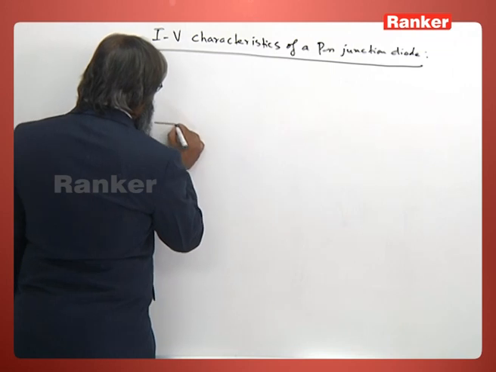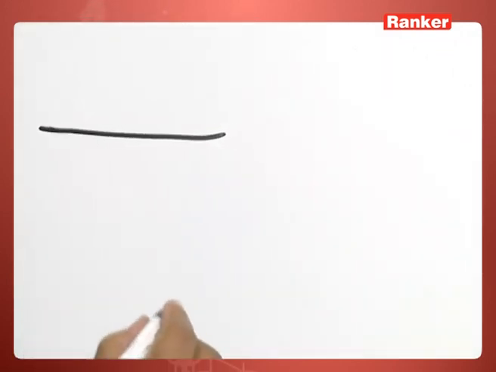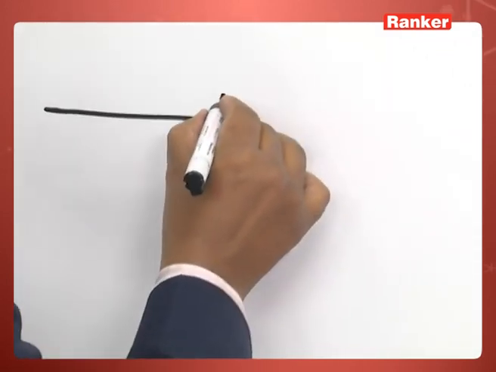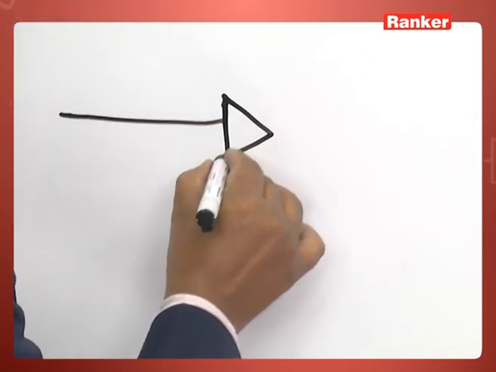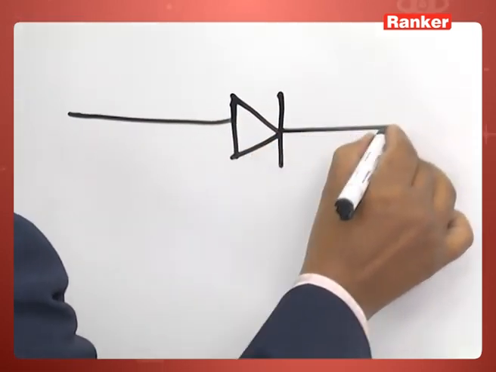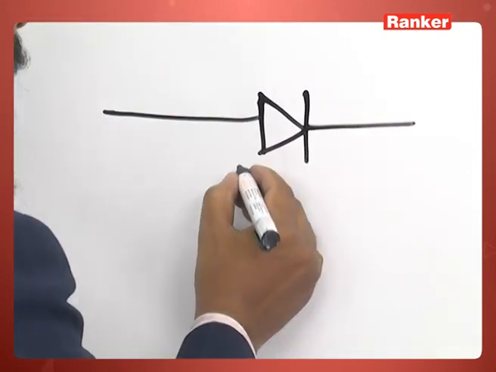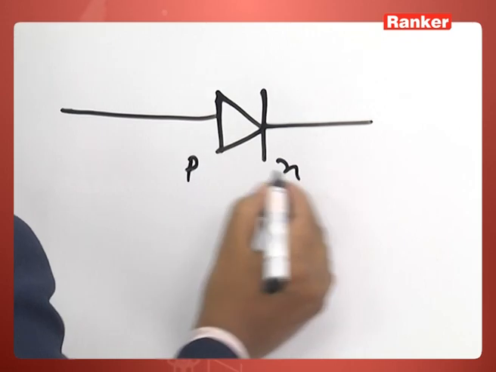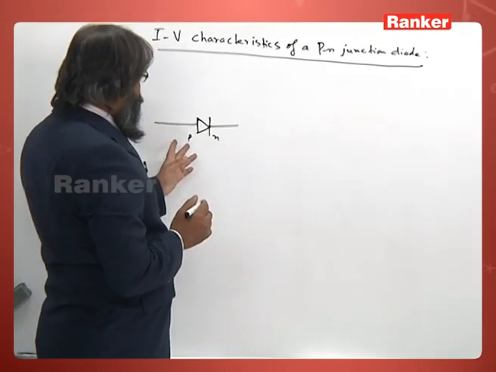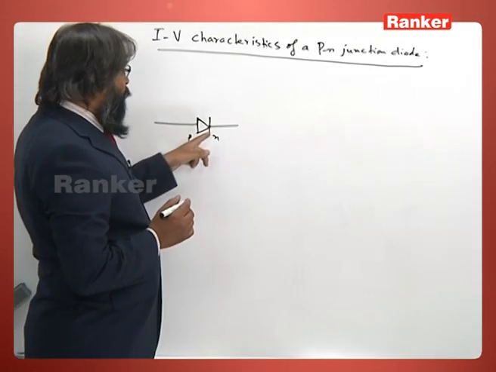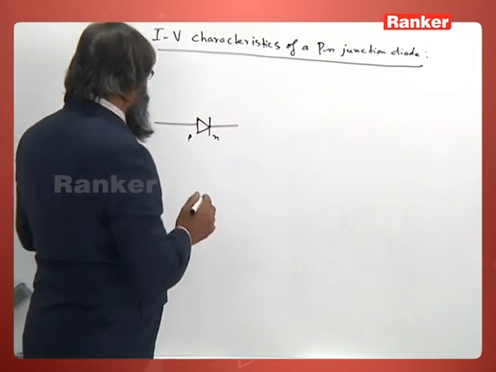First of all, let us see the symbol used to denote a PN junction. A PN junction is like this, so this is the P side and this is the N side. Why we use this symbol, I will explain later on.